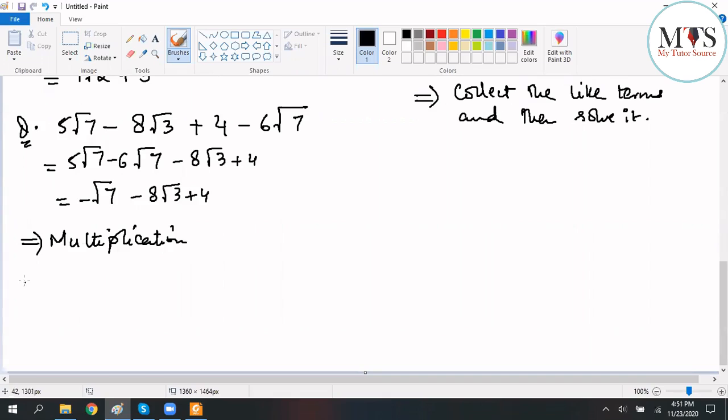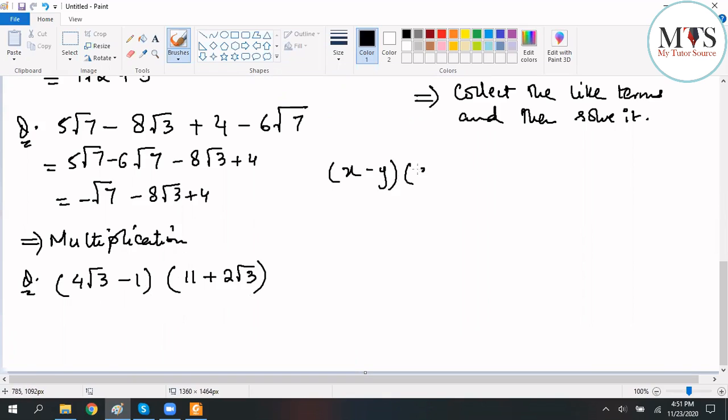So in multiplication, let's say we have 4 root 3 minus 1 times 11 plus 2 root 3. So what we do is, the multiplication is the same as any bracket. It's x minus b times a plus b. X gets multiplied with a first, then with b, then y gets multiplied with a and with b.